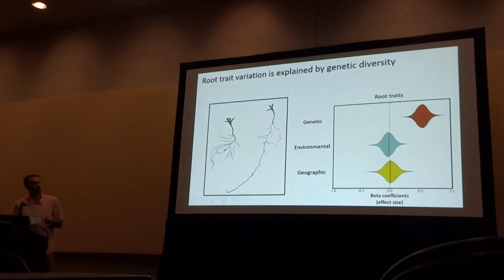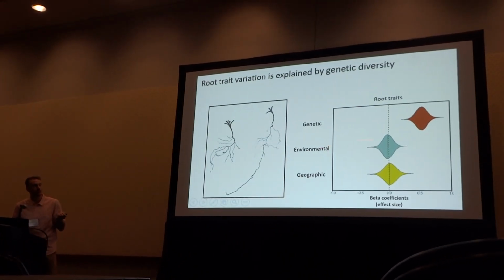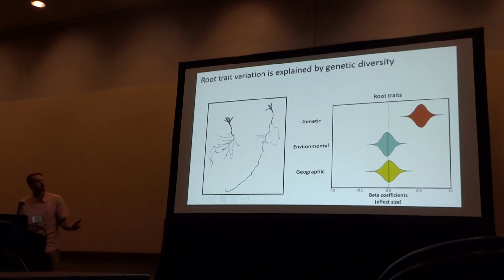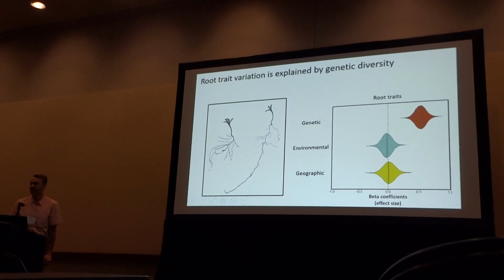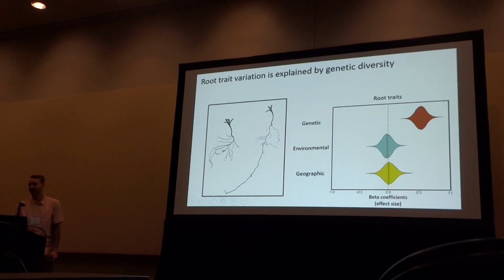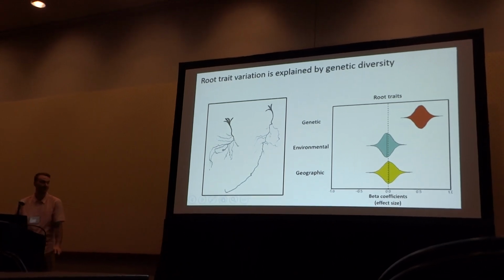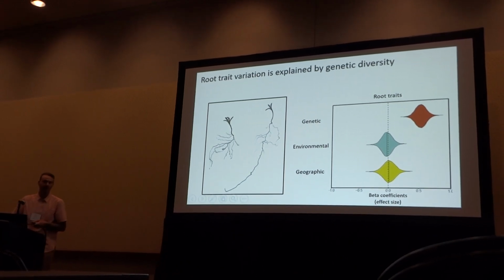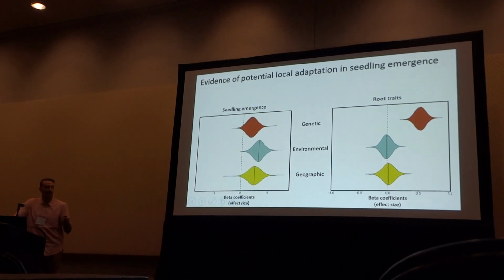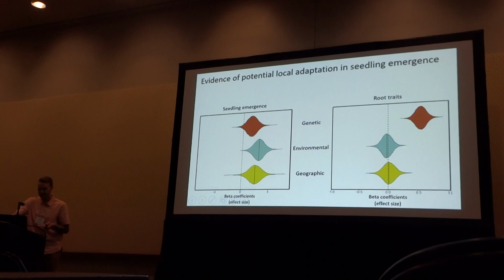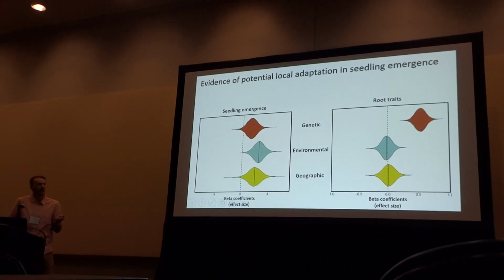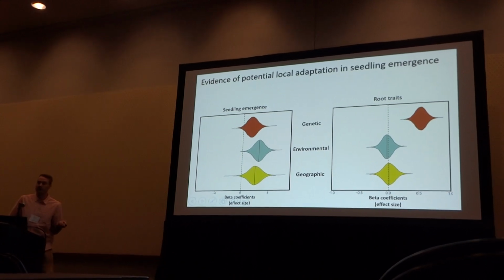And we did the same thing for root traits, and we show that genetic variation is the only thing that seems to be affecting root traits, which you would expect since all these plants were reared in common garden experiments, so we removed the effect of environment and geography. I've been thinking about this, and I think this does make sense. Seedling establishment seems to be dependent upon genetic variation and the environment in which the seed was produced.